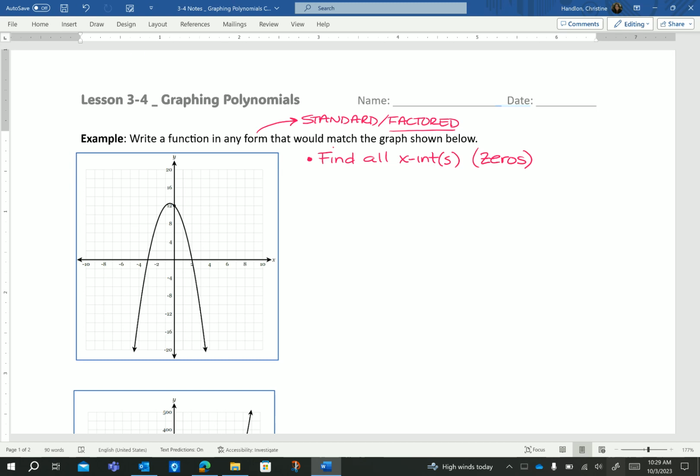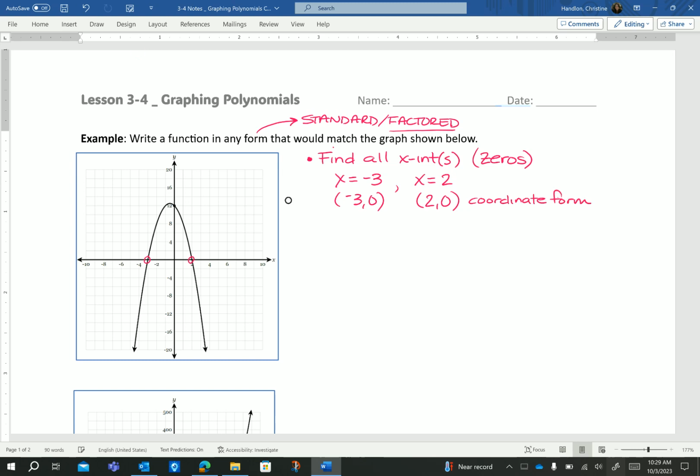We look at this graph and notice that we have an x-intercept right here and an x-intercept right here. I'm going to identify those as x equals -3 and x equals +2. If some of you are more comfortable writing them in coordinate form, (-3, 0) or (2, 0), that is absolutely okay as well.